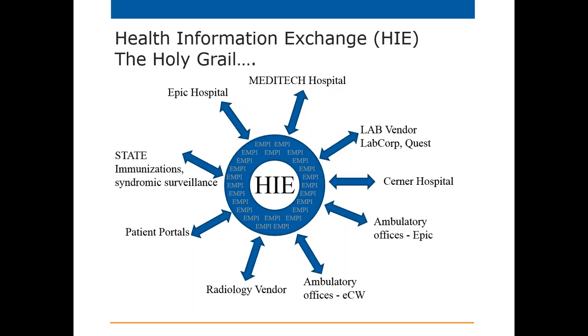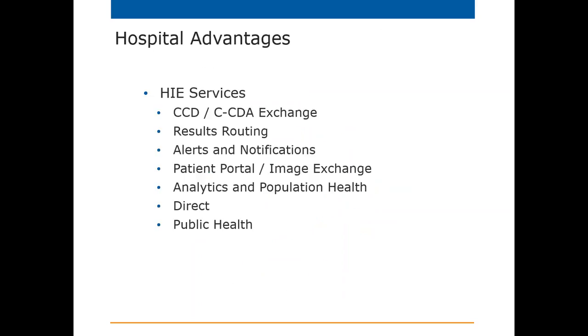And certainly your payers are a large member here too that are important to be included. So this is the holy grail. You've got everybody. You've got bidirectional flow of information to and from all of these, and you have an EMPI in place that is going to manage patient identity.